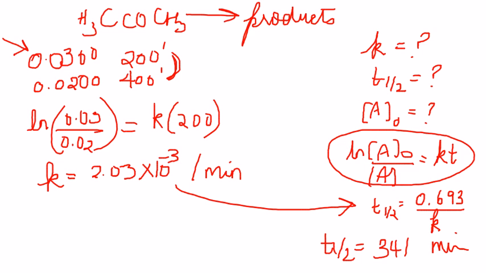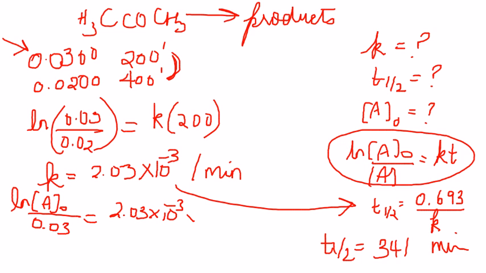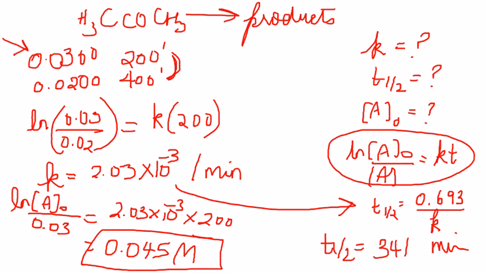Going back to the integrated rate law, the only difference now is that your initial concentration is the unknown, and the final concentration is 0.03. I'm going to use the value of K that we just determined, and the time, which is 200 minutes. And you work that out, I'm getting 0.045 molar as the final answer for the third part.